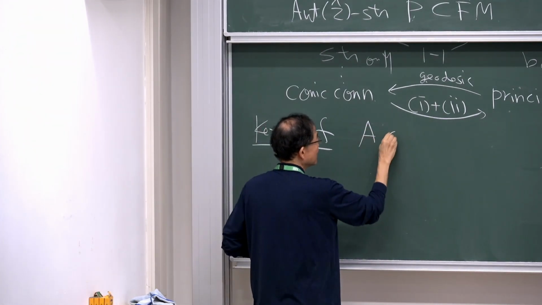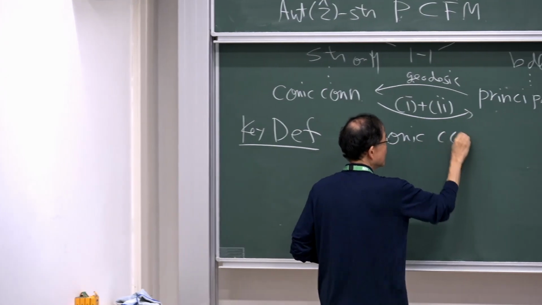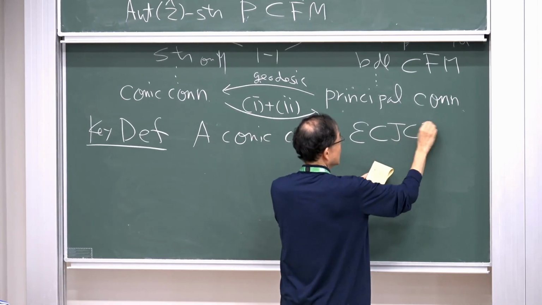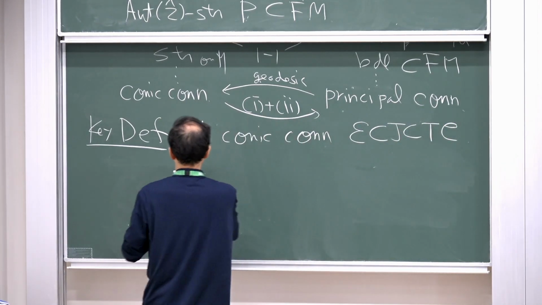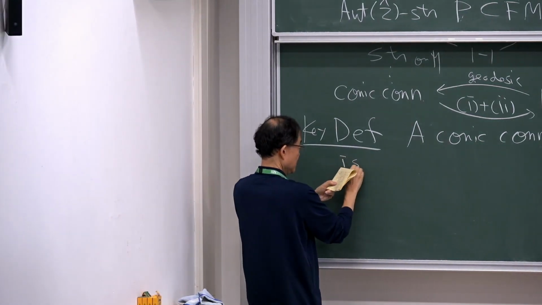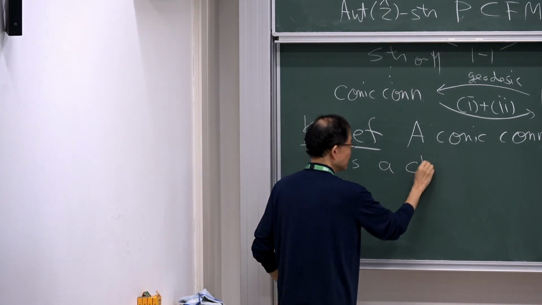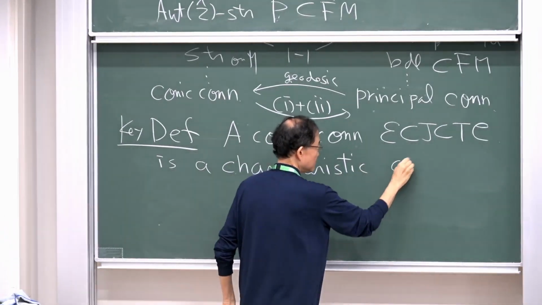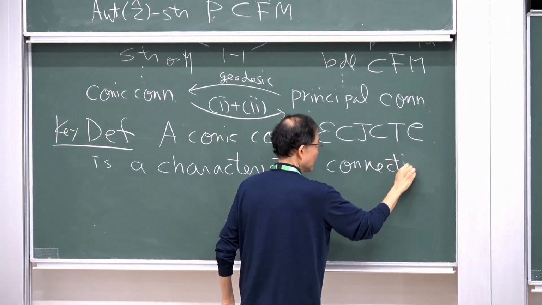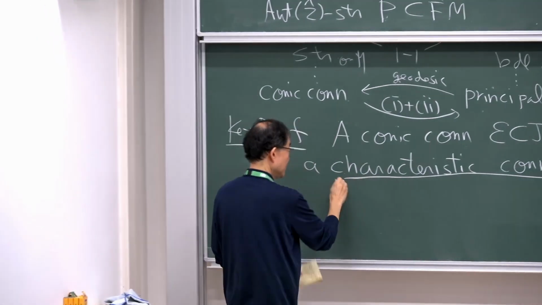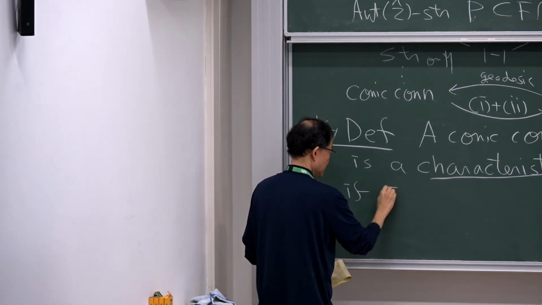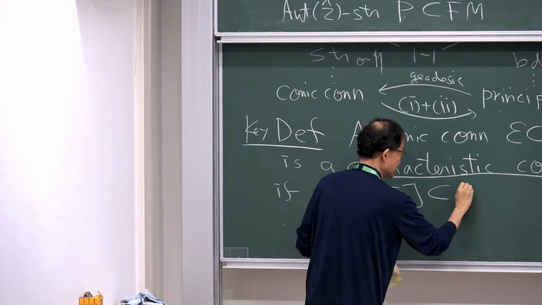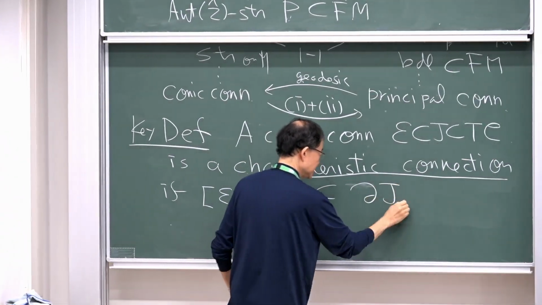A conic connection is a characteristic connection, and this is the important book, if we satisfy this condition.